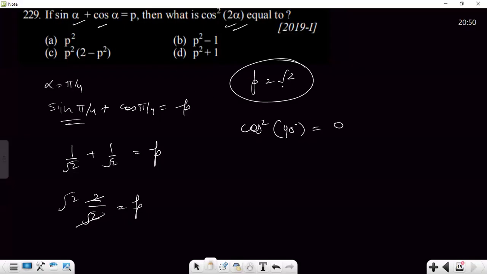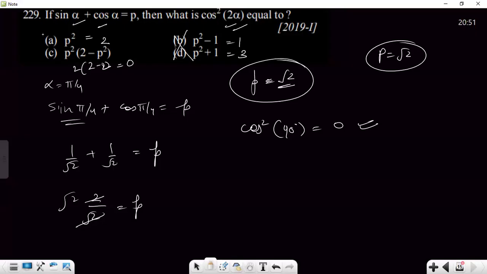So we have to put this value of square root of 2 in the options to get 0. So P is actually square root of 2. So this is 2, 2 minus 1 is 1. 2 minus 2 into 2 is 2 into 0, 0. And this is 2 plus 1, that is 3.